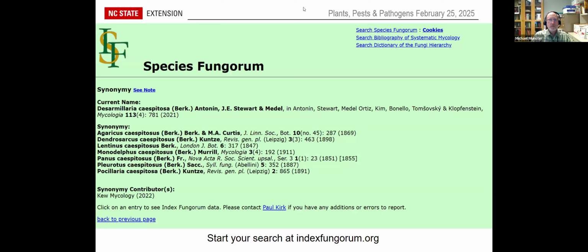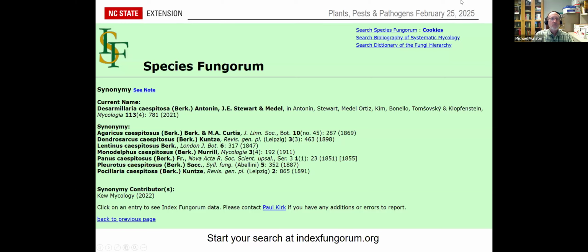And just an example, we wouldn't call it a catalog necessarily, but in the fungal world, if you go to indexfungorum.org and do a search, and then when the name comes up, click on the name and you go to Species Fungorum. So this is our Desarmillaria cespitosa. And you can see that, in fact, yes, it was at one time called these other things.